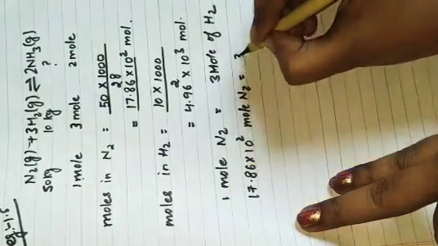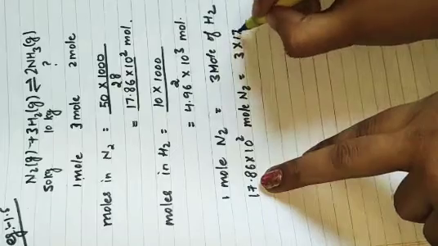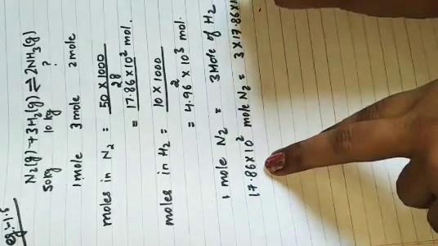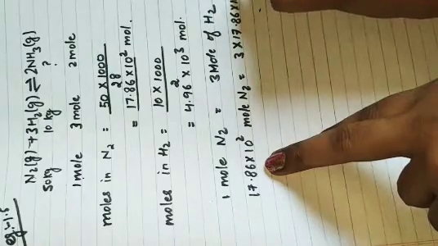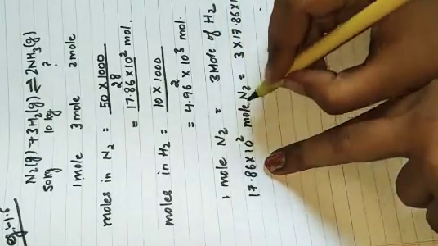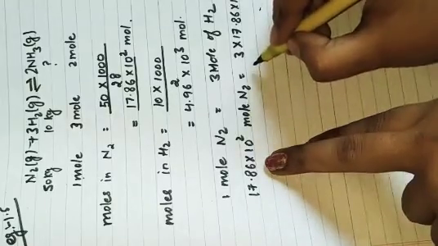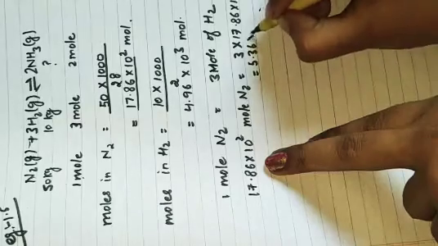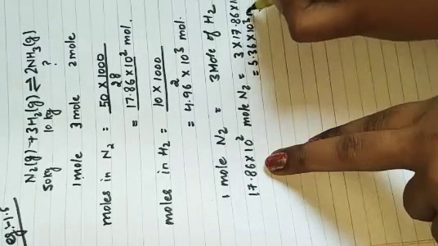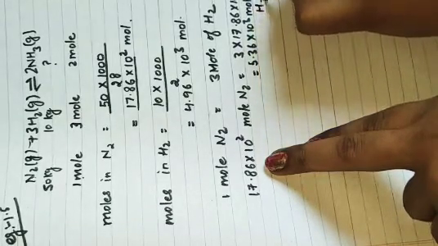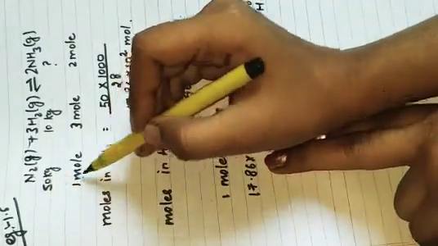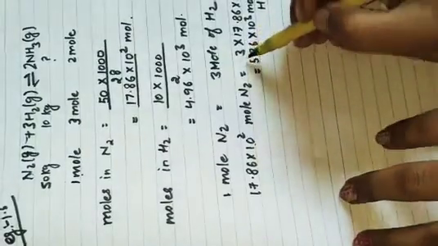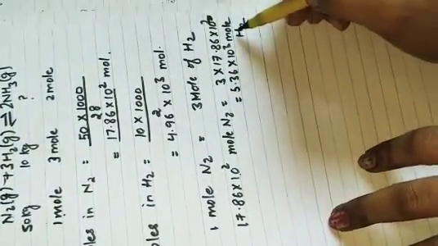So it requires 3 into 17.86 into 10 to the power 2 moles. The value you get will be 5.36 into 10 to the power 3 moles of H2. Means 50 kg, which is equal to 17.86 into 10 to the power 2 moles, requires 5.36 into 10 to the power 3 moles of H2.